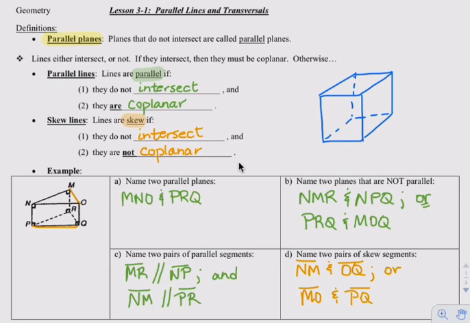So another way to think of skew is they are not intersecting nor parallel. That's your definition for skew, non-intersecting and not coplanar. So make sure they're not intersecting and they're also not parallel.